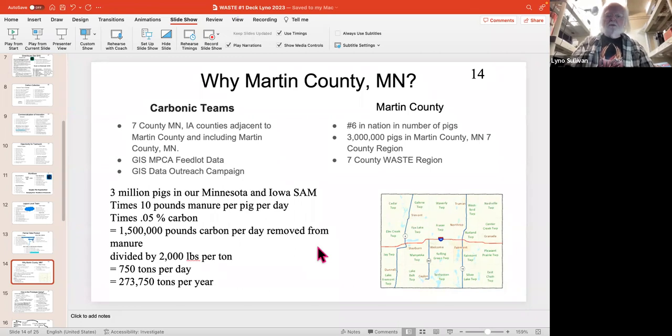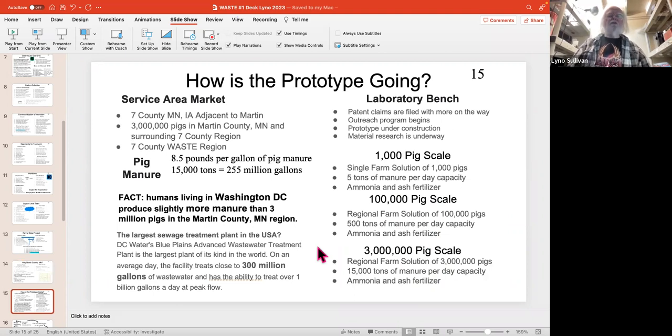Under the premise that the main thread of what I'm doing is still legit, and I'll report back if that's wrong, the next question anyone thinking about this asks is, okay, I kind of get what's going on, and I hope that's basically true. The 3 million pigs, the 7-county waste region, 8 pounds per gallon of pig manure, 15,000 tons, that's 255 million gallons, which is important in a minute.